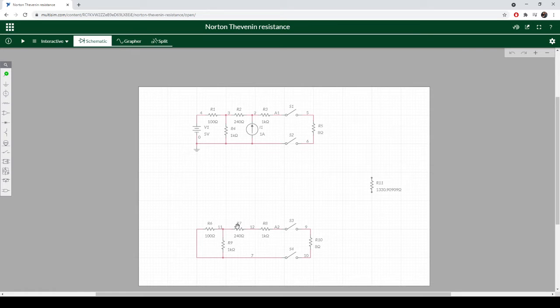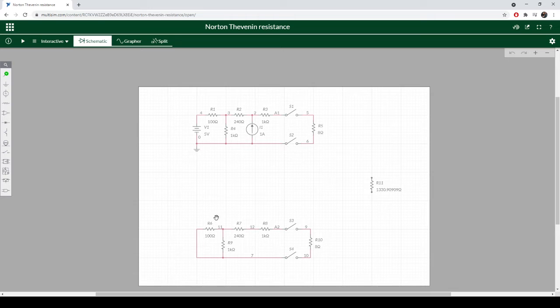And from this, we can just use series parallel resistance calculations to find the equivalent resistance from this point to this point. And so we just have a series connection here, so that's now 1,240. Here we have a parallel connection. This comes out to be 90.9090, repeating.